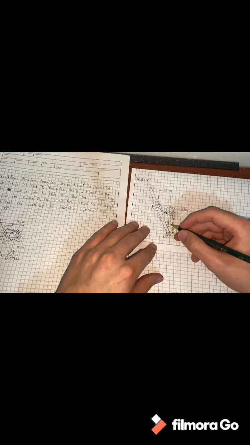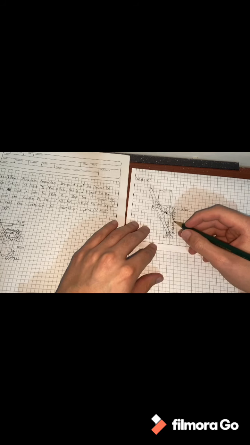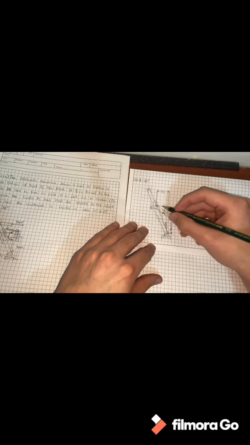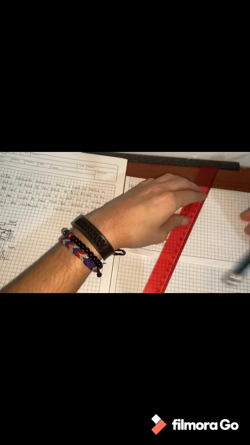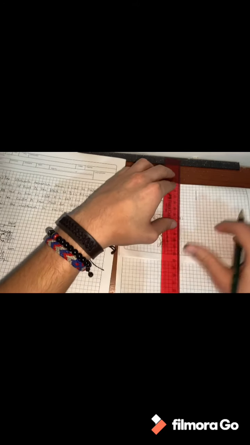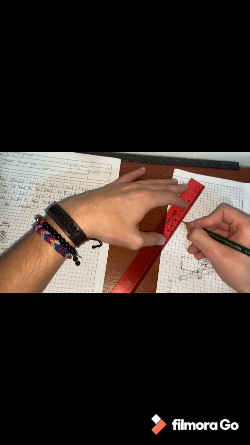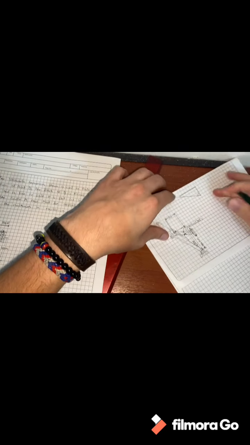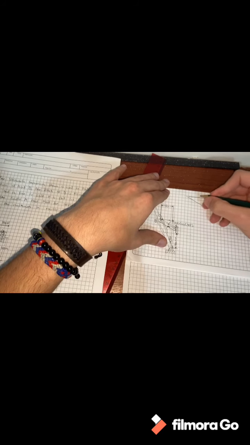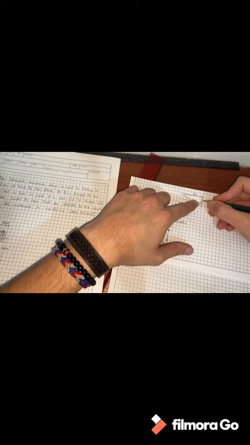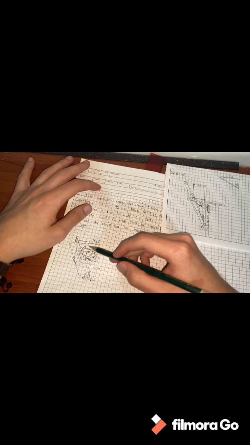First we have to find the distance between A and B. For this, we make a triangle here with the angle of 30 degrees, and here is 50.